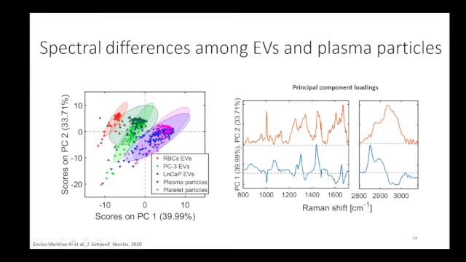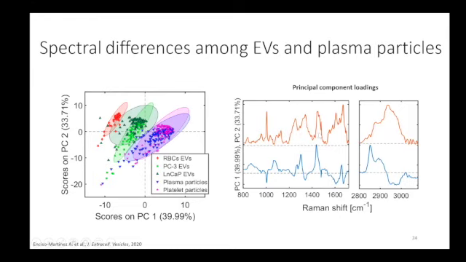If we look a little bit more in detail at the PCA analysis, this is a score plot, and here on the right we have what we call principal component loadings. Basically, this says that if the particles have, for instance, high values on this y-axis, which is principal component 2, they can be mainly described by principal component 2.